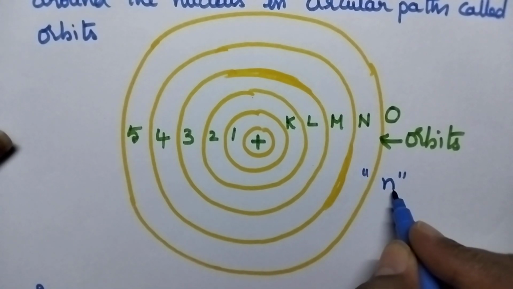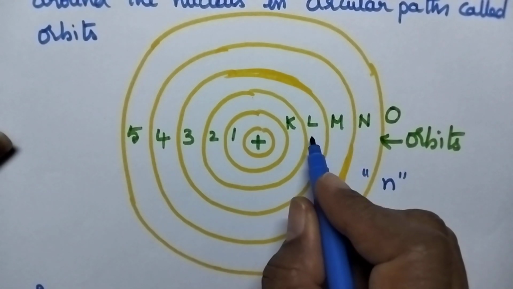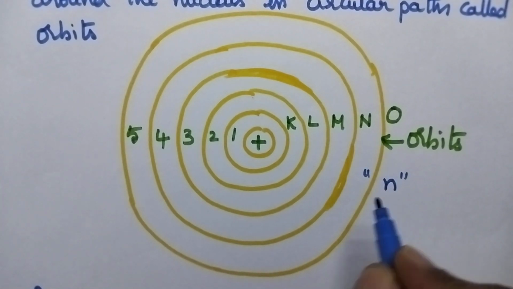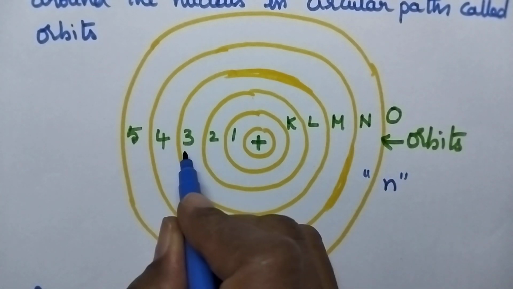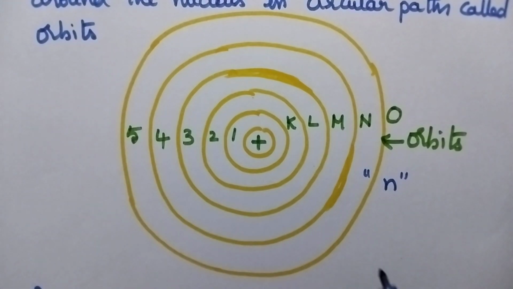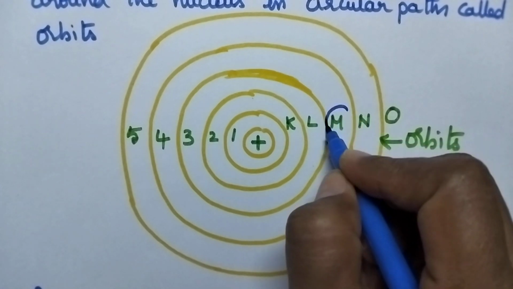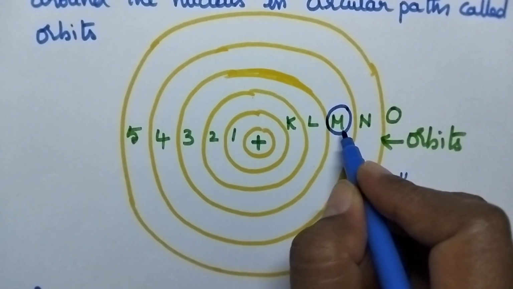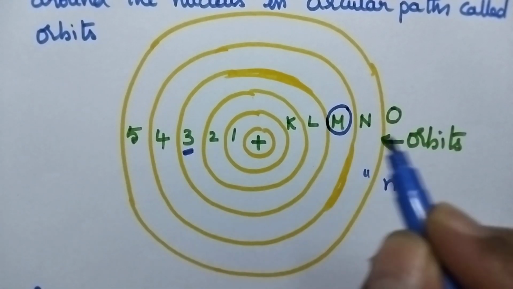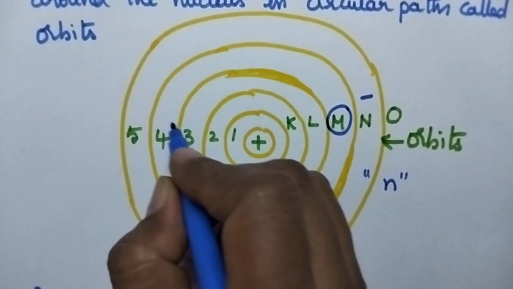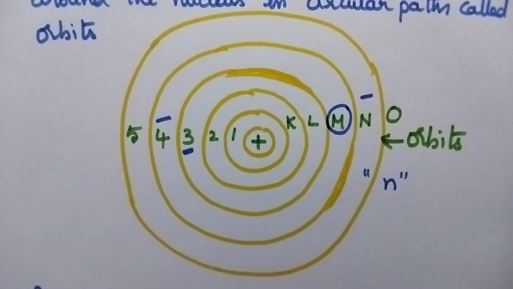The value of n varies as K, L, M, N, O, or it can also vary as 1, 2, 3, 4, 5. That means if the orbit is M shell, then the value of n is 3. If an electron is present in N shell, the orbit number is 4.